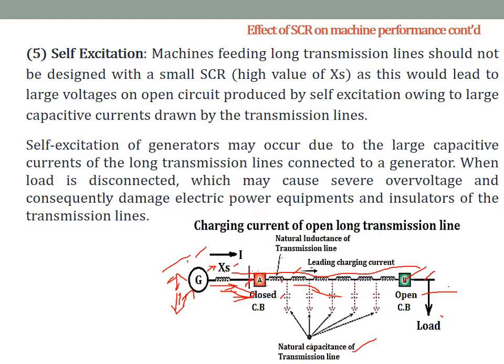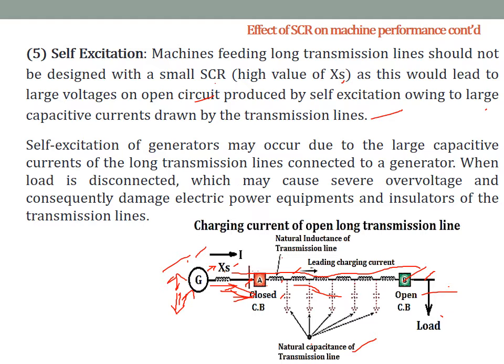So now, machines feeding long transmission lines should not be designed with small SCR. It means a high value of excess, as this would lead to large voltages on open circuit. Large voltages on open circuit are produced by self-excitation owing to large capacitive currents drawn by the transmission lines.